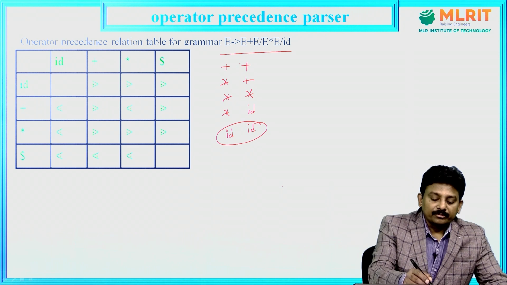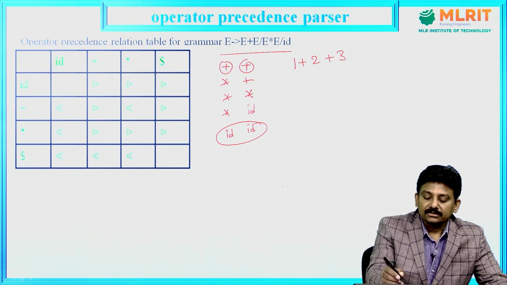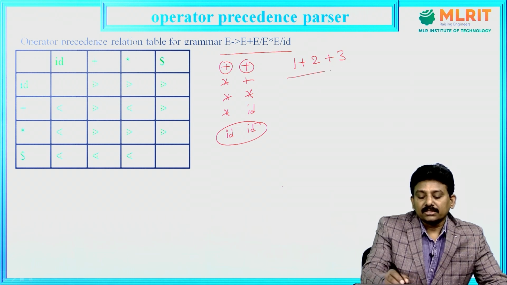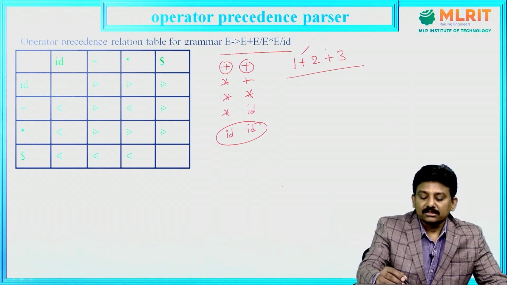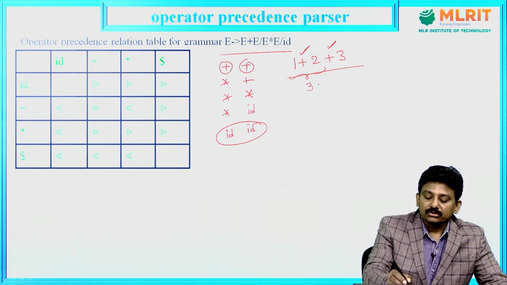See, between plus and plus, for example, take the expression 1 plus 2 plus 3. While we are scanning this expression, this is the first plus and this is the second plus, the left hand side plus and the next plus. While evaluating, the sub expression 1 plus 2 is 3, then 3 plus 3 is 6.